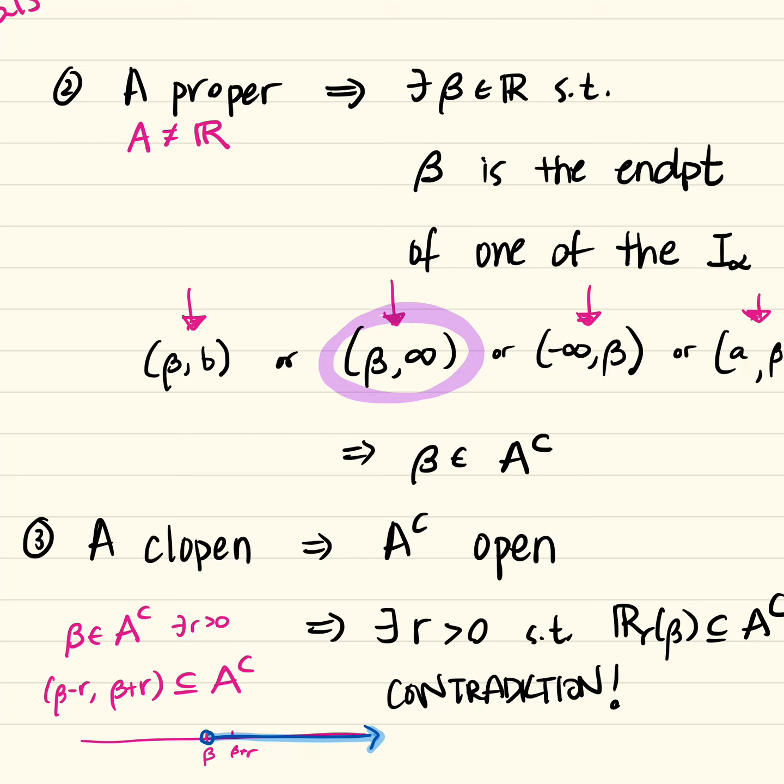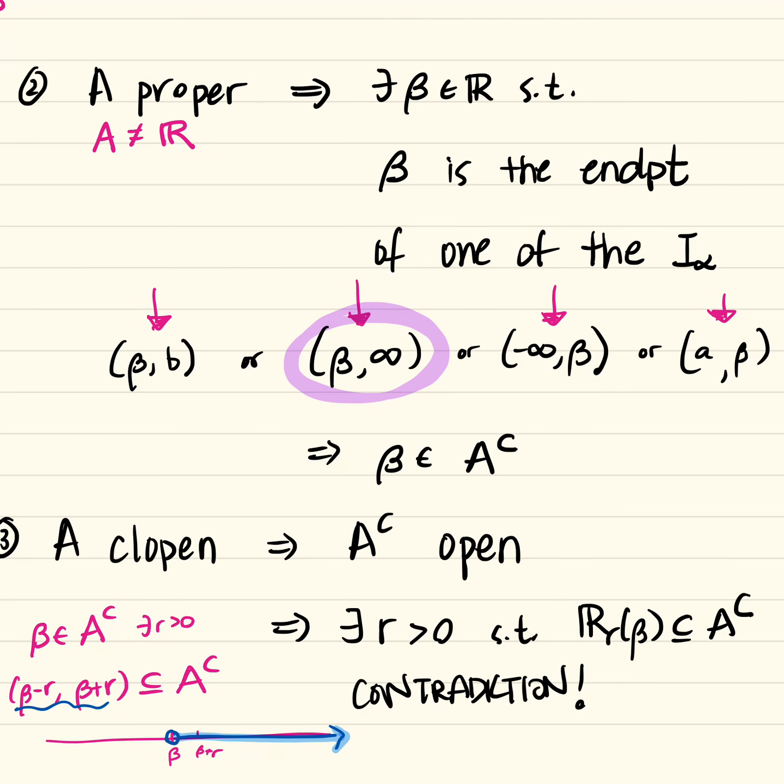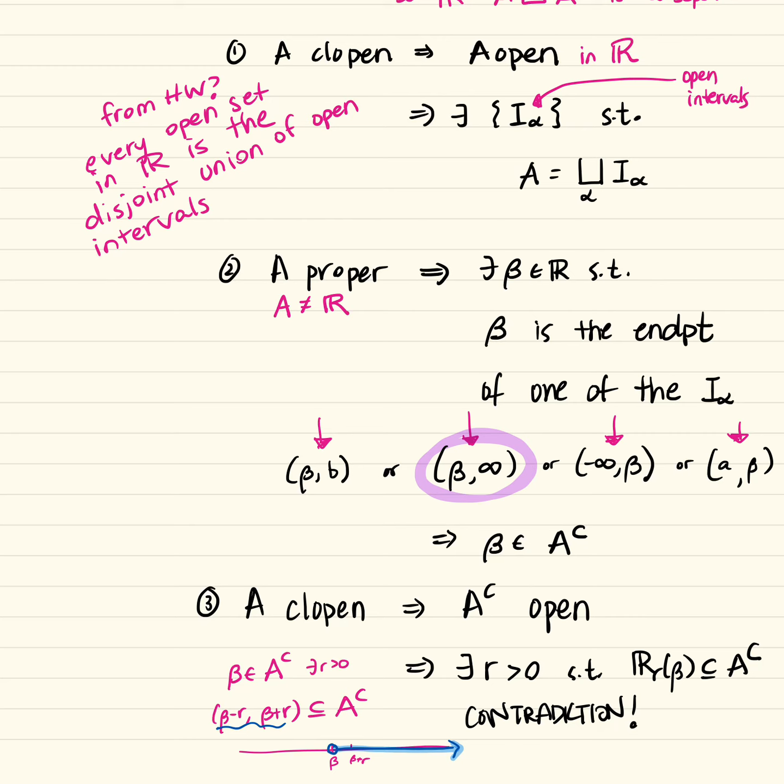There's no way to have a positive radius where that r-ball is not overlapping with I alpha. So we get a contradiction because A complement can't be open.